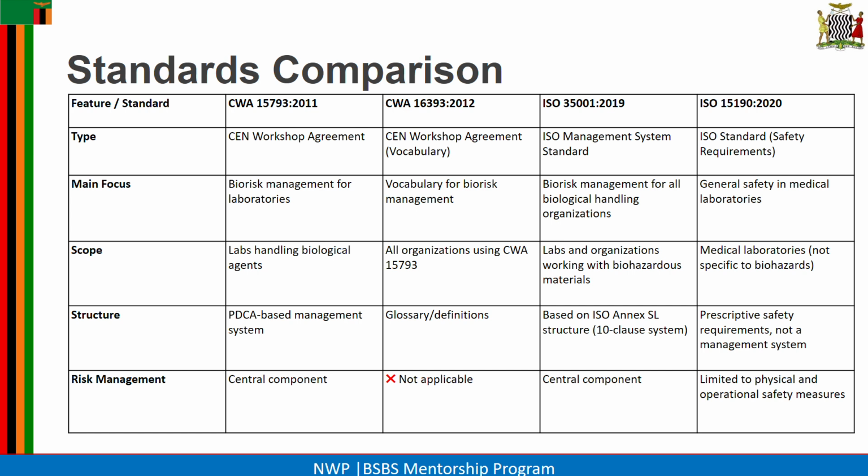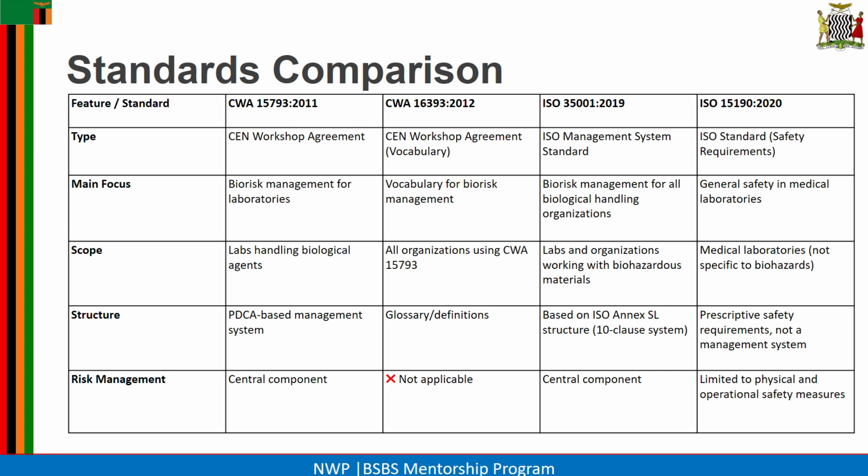So let's look at a summary where we are going to compare some or all the standards that we've talked about in relation to some features that are found in each of these standards.